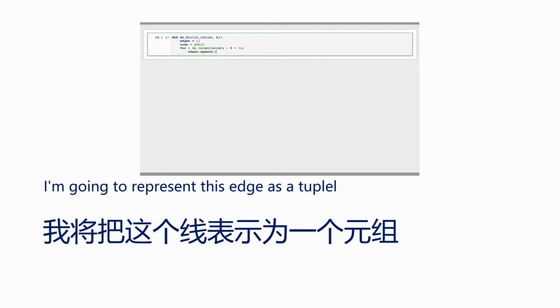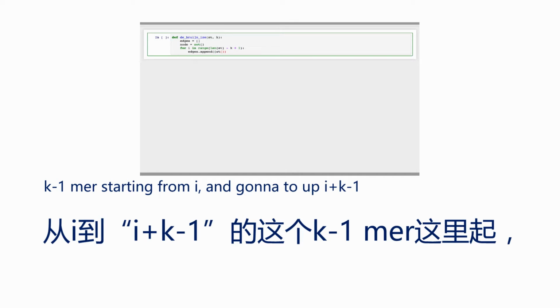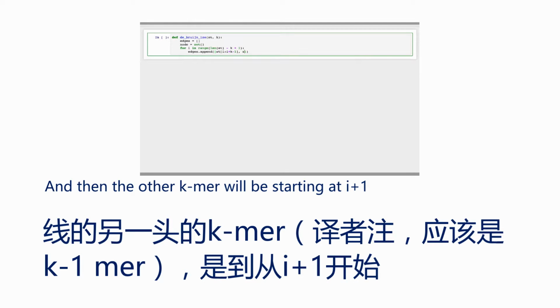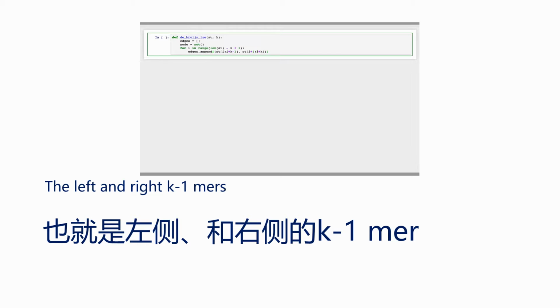I'm going to represent this edge as a tuple. So it will be the k-1 mer starting at i and going up to i plus k-1. And then the other k-1 mer will be starting at i plus 1 and going up to i plus k. So that's the left and the right k-1 mers.